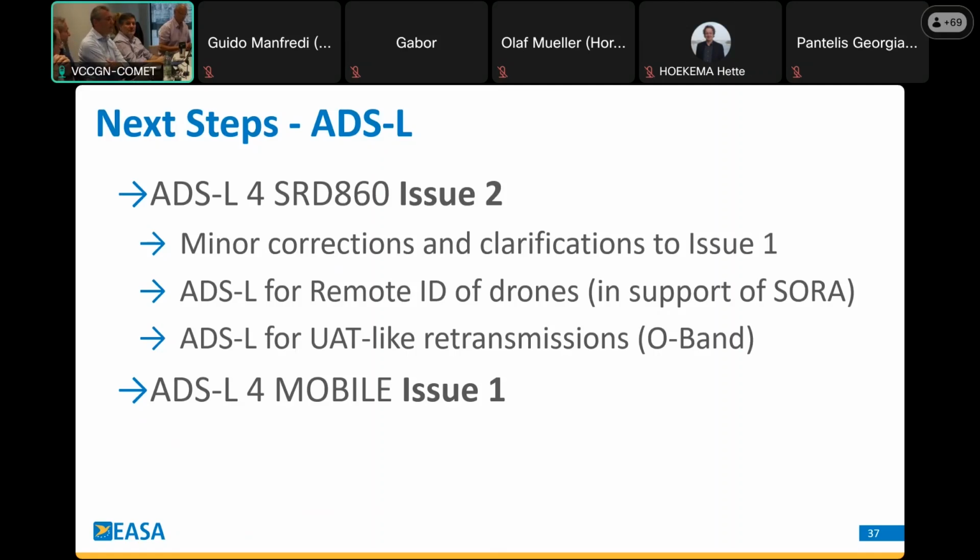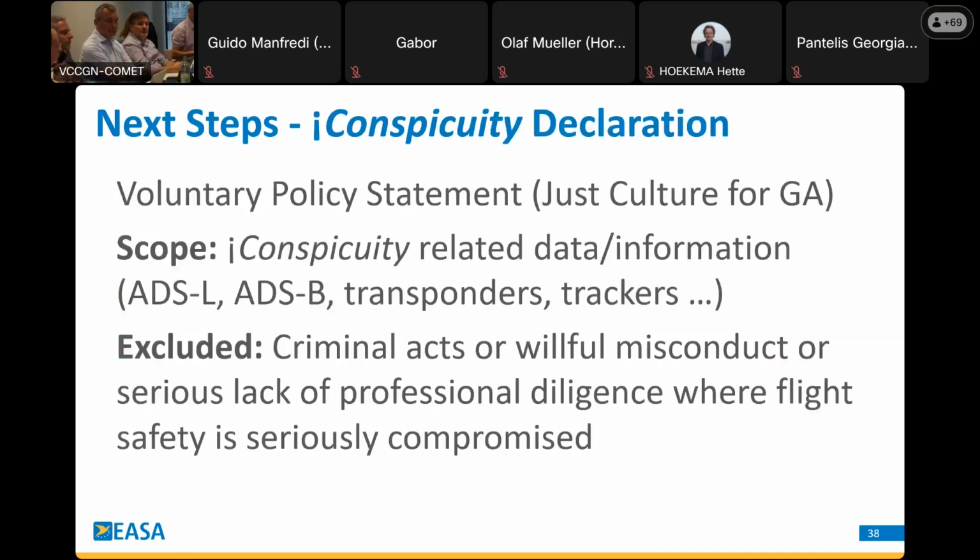As you can imagine, the drone industry is very much interested in mobile networks. So we hopefully get out of that meeting a clearer timing of where industry could support us in the development of ADS-L for mobile, in response to the outcome of this project, which is calling for urgent action in this area.